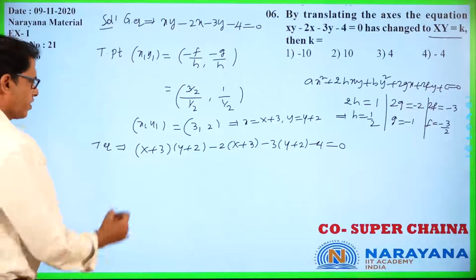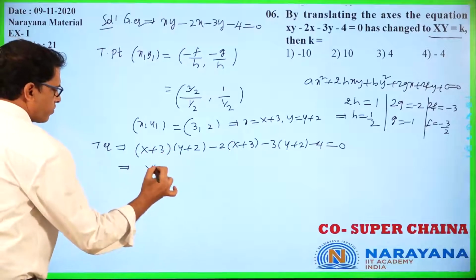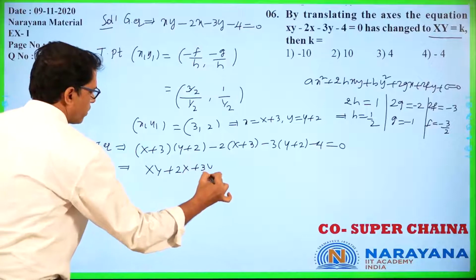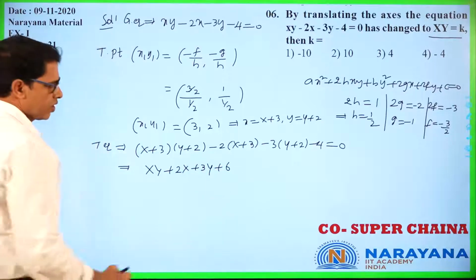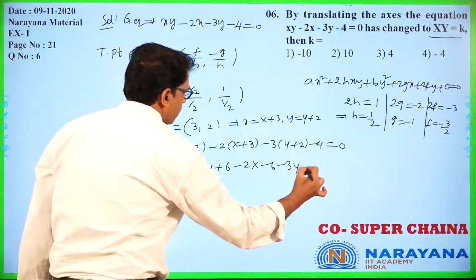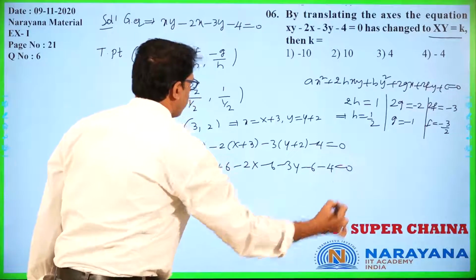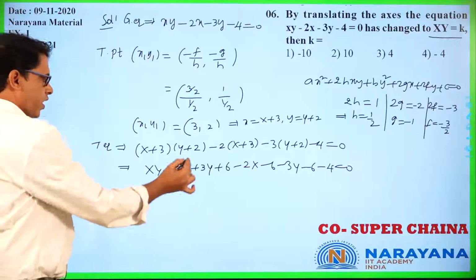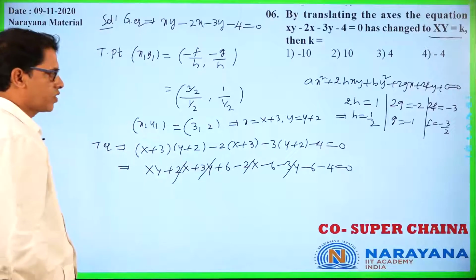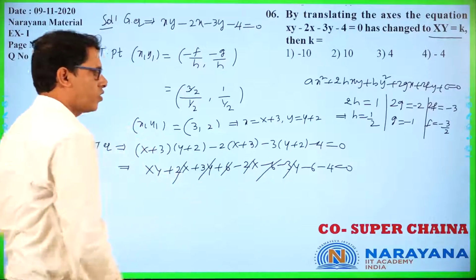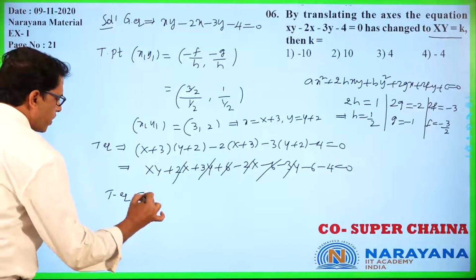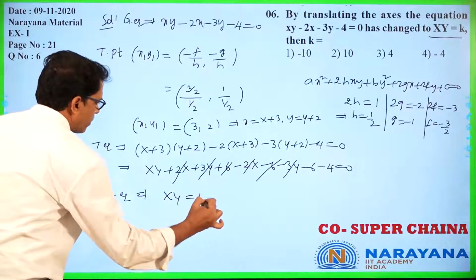Now simplify: XY plus 2X plus 3Y plus 6, minus 2X minus 6, minus 3Y minus 6, minus 4 equals 0. Here the X terms cancel out, the Y terms cancel out, and 6 also cancels out. We are left with XY minus 10 equals 0, so the transformed equation is XY equals 10.